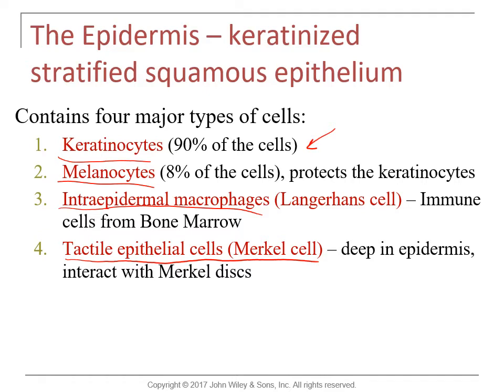They produce keratin, which is a tough, fibrous protein that helps protect the skin and underlying tissues from abrasions, heat, microbes, and chemicals. The 8% of the cells are melanocytes, which make melanin, the yellow, red, brown, or black pigment that contributes to skin color.